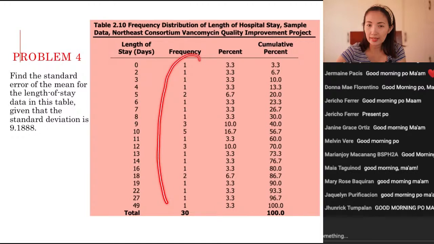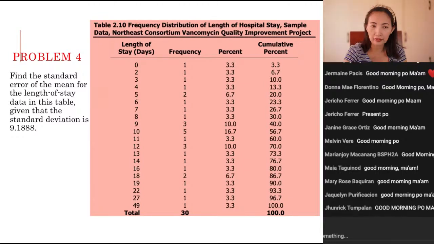The solution is not provided, so we will work it out here. What is this problem asking for? The standard error. Let me copy the data. There are only a few values, so it won't take much time.